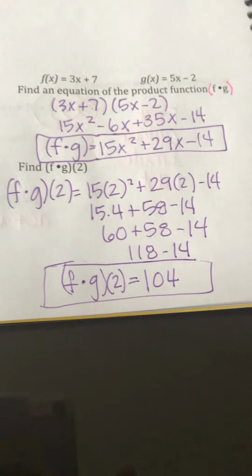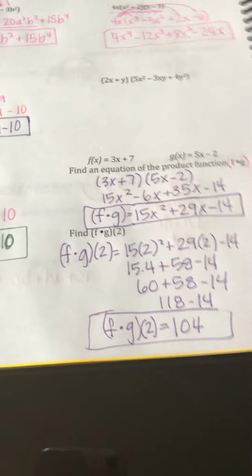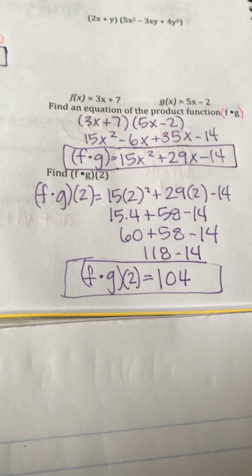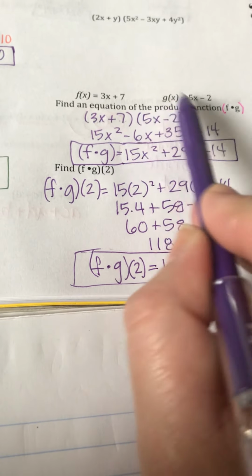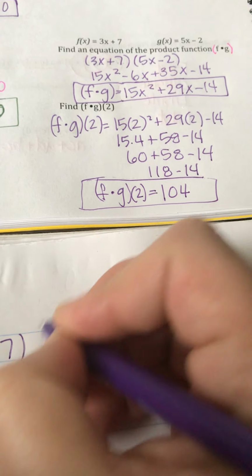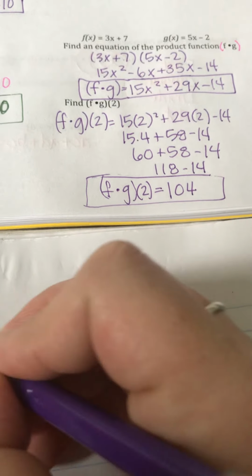Now, there is one other thing that I would like to show you, and it's something you guys might have been thinking about since I started the FOIL part. And I think that I'll just use this item right here. 3x plus 7 times 5x minus 2.